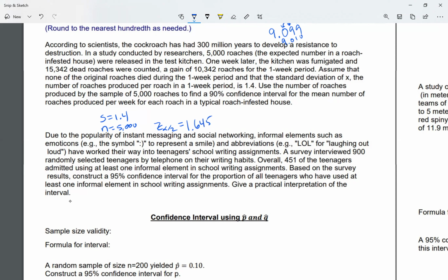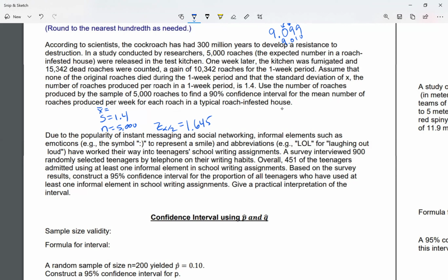Again, I'm using the table from last week. Interval for the mean number of roaches produced per week for each roach in a typical roach-infested house. It would be nice if I knew my average, right? Let me just write X crossbar. If I knew my average.